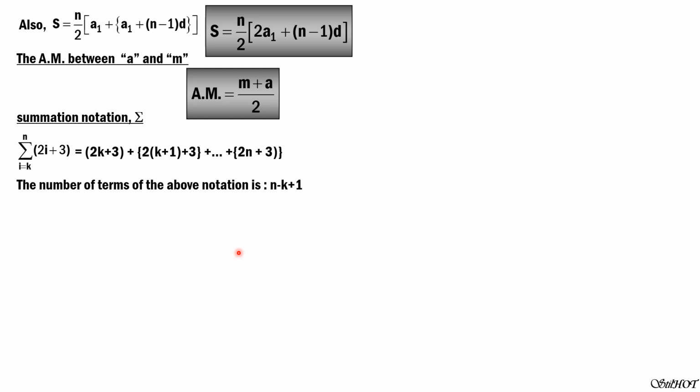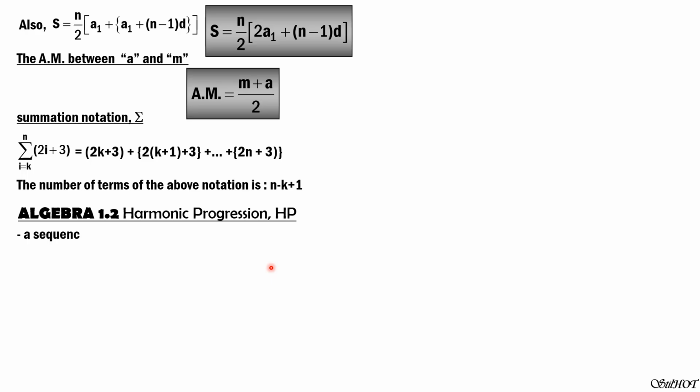Then we proceed to harmonic progression, denoted by HP. This is a sequence of numbers in which the reciprocals of the terms form an arithmetic progression. It's a bit challenging to detect if the terms are in harmonic progression.